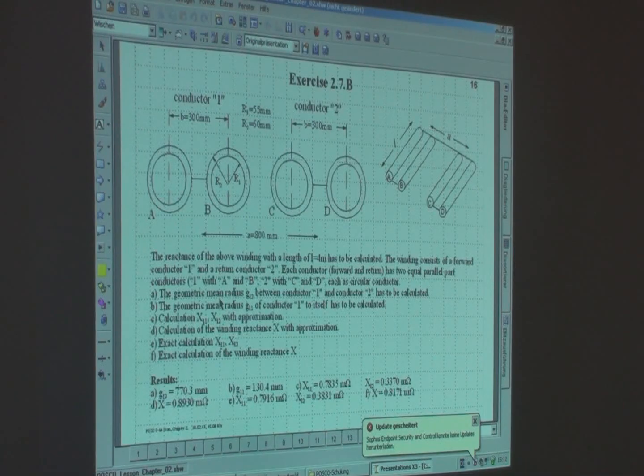And we have BD, we have 800. And so, when we get here a value, the value is 1,290 millimeters.